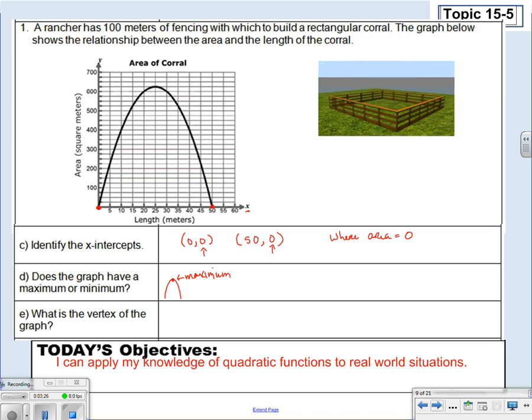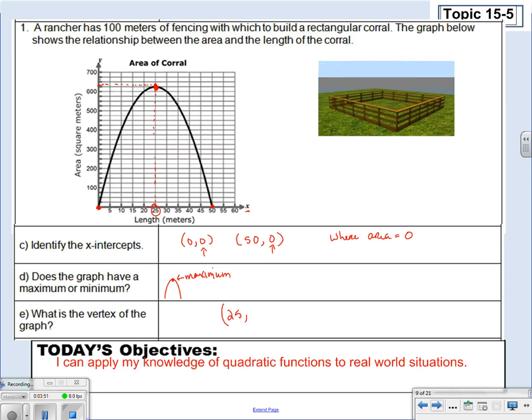Part E says, what is the vertex of the graph? So again, I'm going to look at my graph. The vertex is this maximum point. And when I name it, I'm going to use the x-coordinate first, followed by the y-coordinate. So the x-coordinate, I come on down to the x-axis, and we'll see that x-coordinate is 25. And for the y-coordinate, go over to the y-axis, and notice the scale on this one.